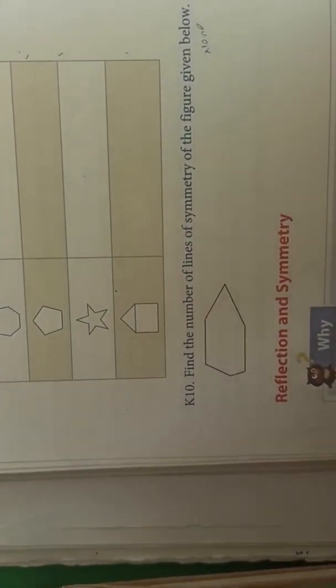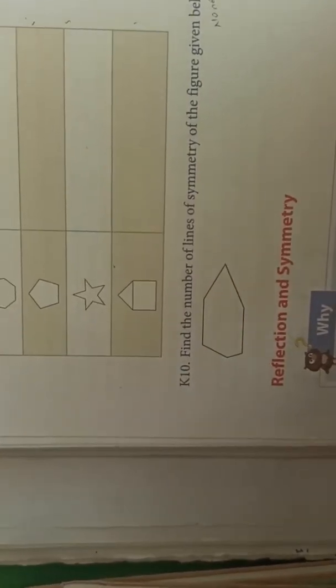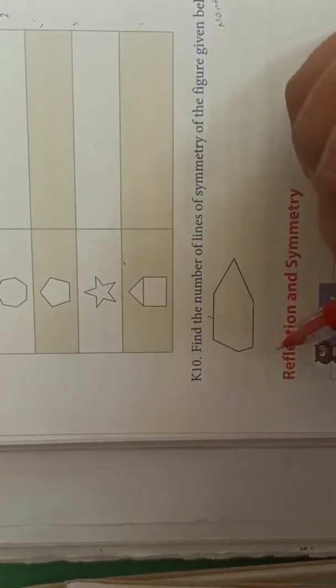Next one is K10, the last question of this exercise. Find the number of lines of symmetry for the figure given below. So here, if I draw a vertical line of symmetry, then also it does not divide the figure into the same parts.